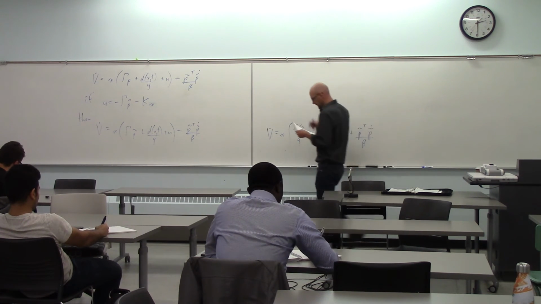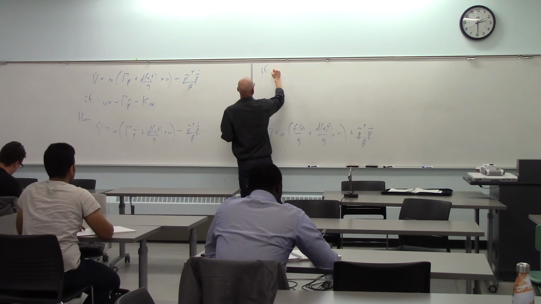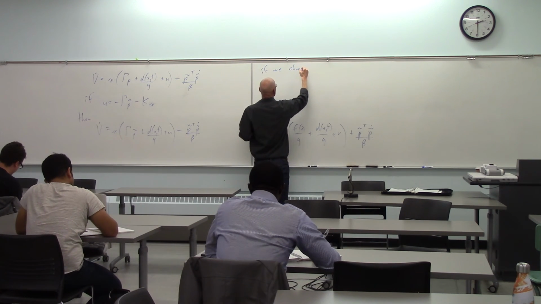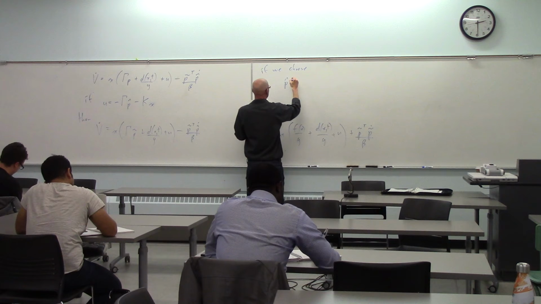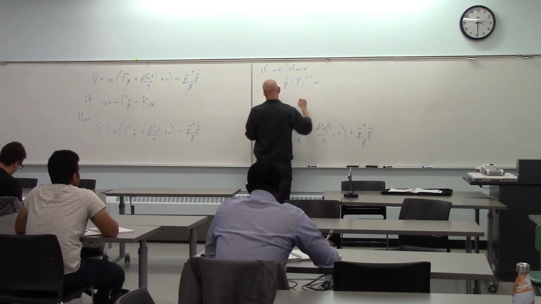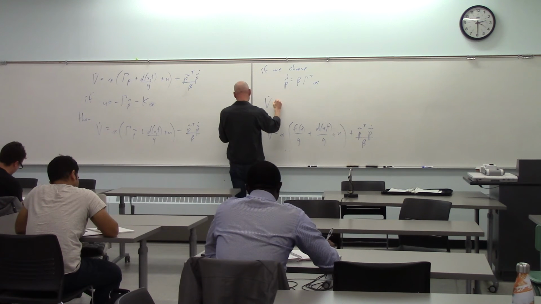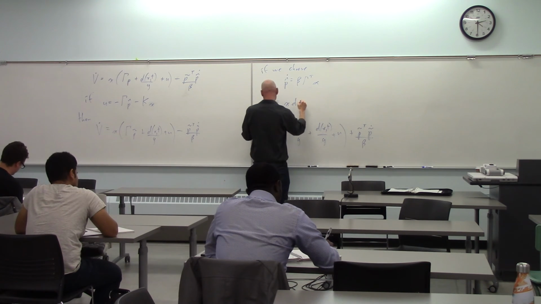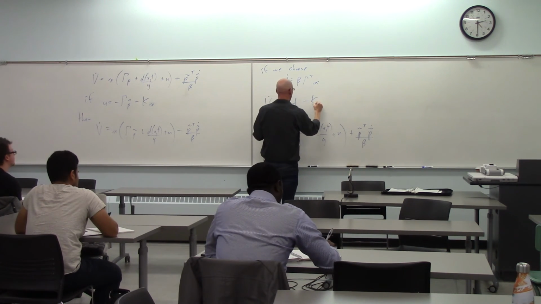So if we choose p hat dot equal to beta gamma transpose x, we get V dot is equal to x d minus k x squared.